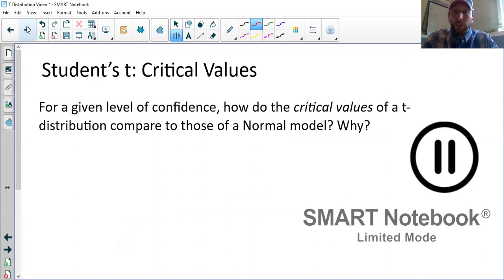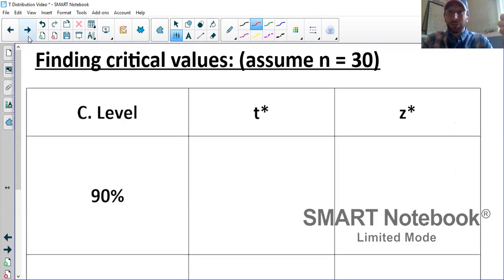So let's talk about the critical values, the Z star versus the T star, right? Normal model: 1 prop Z, 2 prop Z, Z star. T-distribution, means, mostly, we'll touch on that. With the t-distribution, we're talking T stars. So we need to know how they compare, and then we need to know how to actually find them.